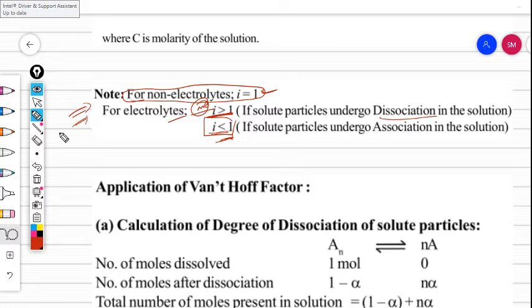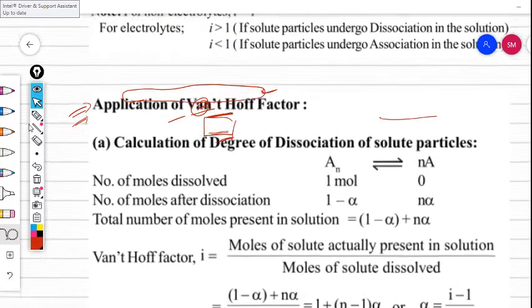So far what we have calculated is depression in freezing point and elevation in boiling point. That is not enough. Now onwards you must apply the Van't Hoff factor, and you need to calculate the actual colligative properties. So how to calculate the Van't Hoff factor for different electrolytes?